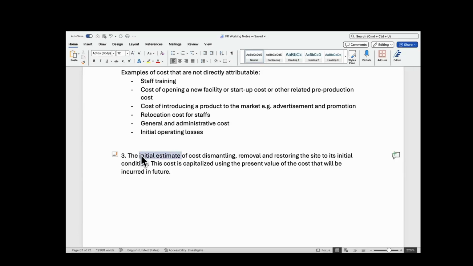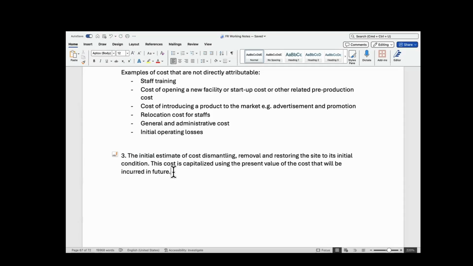Okay, and this usually operates in a situation where it is required by the legal condition of the environment you operate, or you have made a commitment that after the period of the asset, you would help them recover their land and restore it.